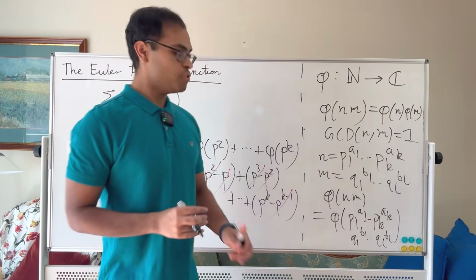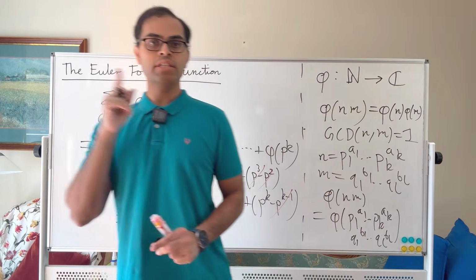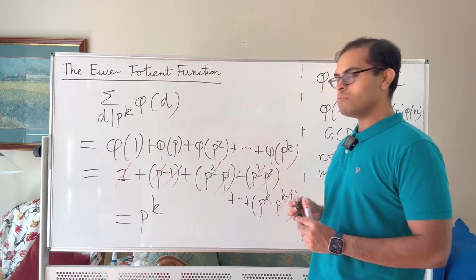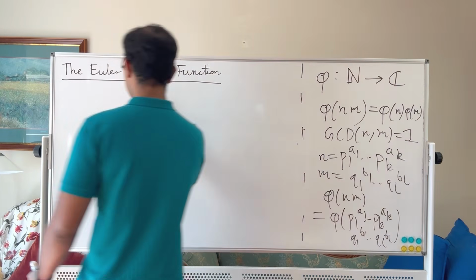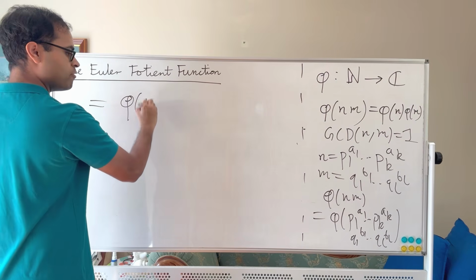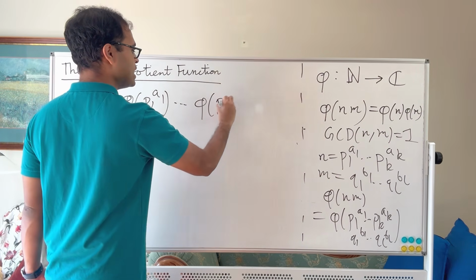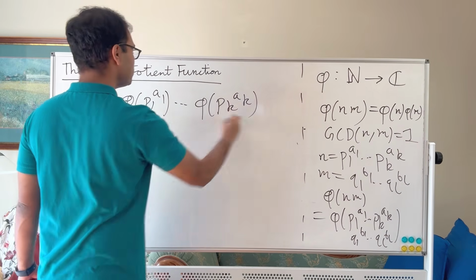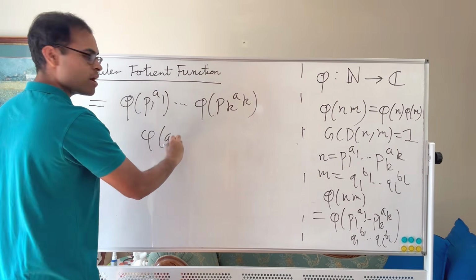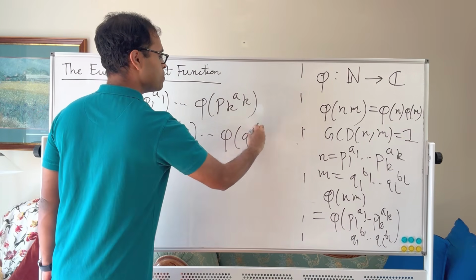And what we saw in the proof is that now we can split it up. We can do it prime power by prime power. So let's do it on this side of the board now. Prime power by prime power, phi of nm is just going to equal phi of p1 to the a1 times phi of pk to the ak multiplied by phi of q1 to the b1, all the way up to phi of ql to the bl.